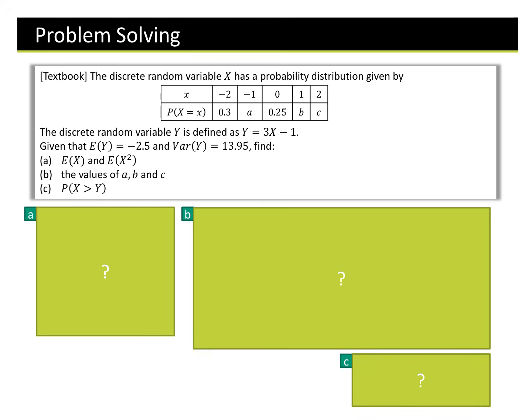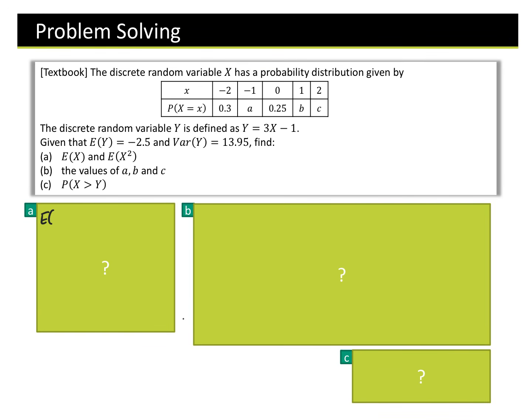So first of all, the expected value of y equals 3 lots of the expected value of x minus 1. We're going to get minus 2.5 equals 3 lots of E of x minus 1. So I'm going to add 1 to both sides and then divide by 3. So therefore, my expected value of x is minus 0.5.